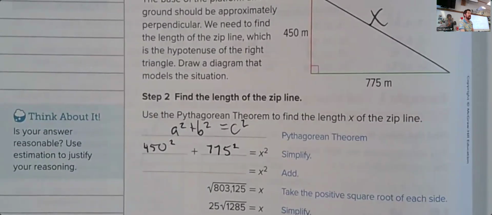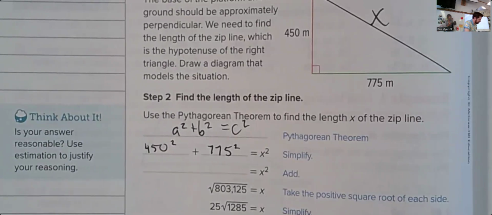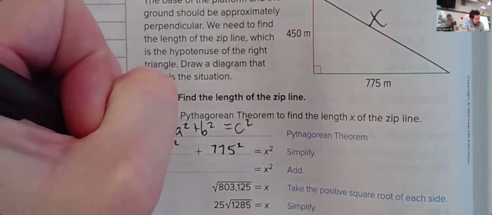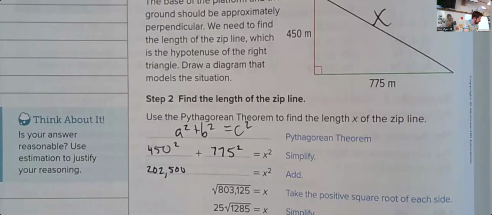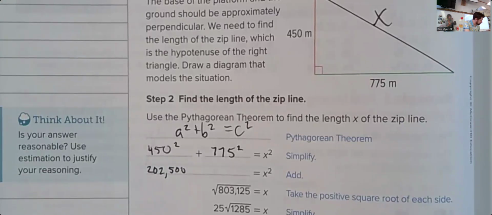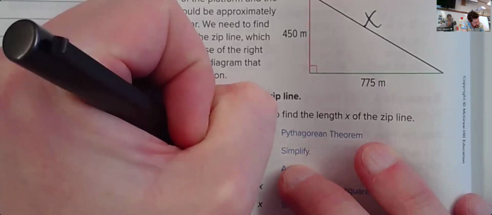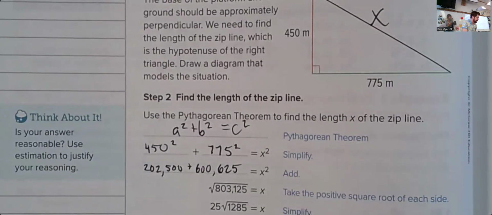Those are going to be very big numbers. What is 450 squared? 202,500. What about 775 squared? That'll be even bigger. 600,625.